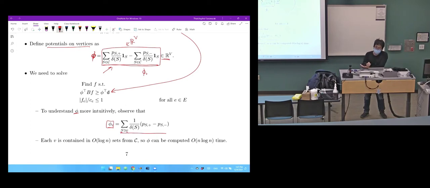For each of those sets that contain V, you sum this term up. It really just follows from this thing. So look at all the sets from the family that contain V, and then look at the weight of that set, the weight on the plus side minus the weight on the minus side, divided by the cut size. So it has some intuitive meaning.